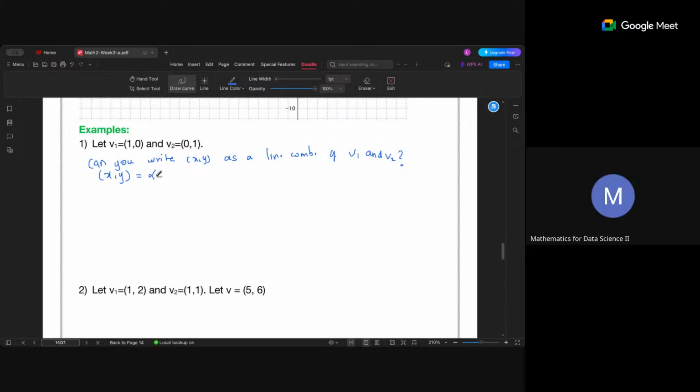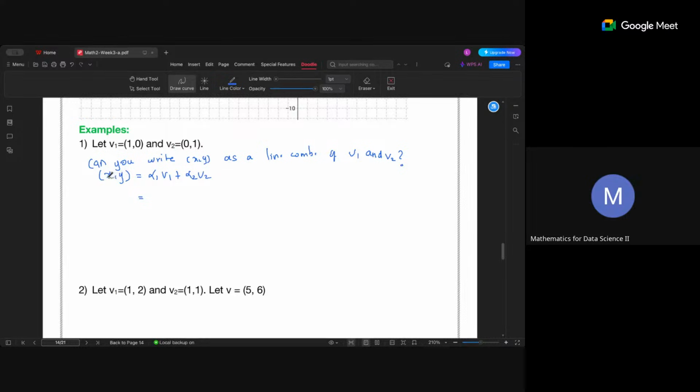Can you find alpha 1 and alpha 2 such that this is satisfied? What are the alpha 1 and alpha 2 which satisfy this condition? Can you find them first of all? Alphas are scalar values, constants.